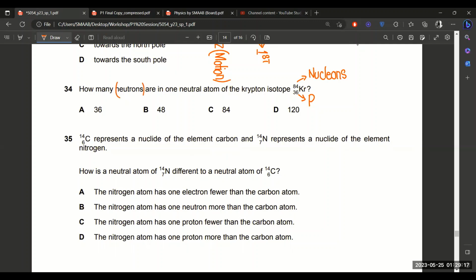So we just subtract the number of protons from the number of nucleons. So you will get only the number of neutrons. So that will be equal to simply 48. That is option B, right? So that is a simple concept.